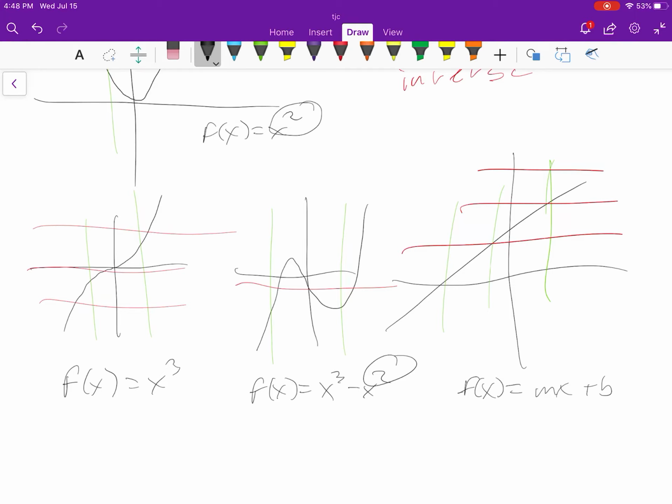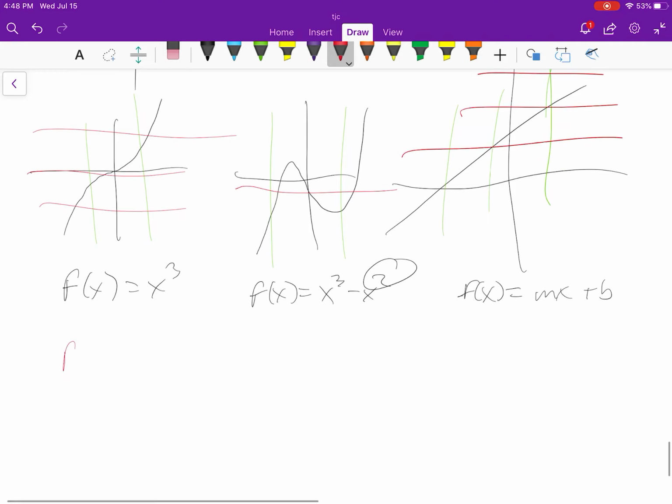It had an x squared. This guy was not invertible, and it was because of the x squared. In general, let's just talk about polynomial functions for now.